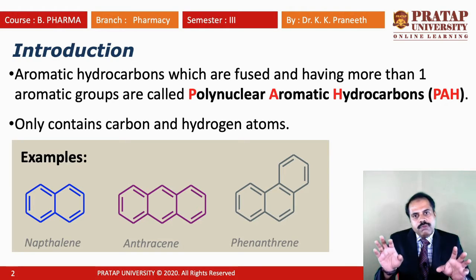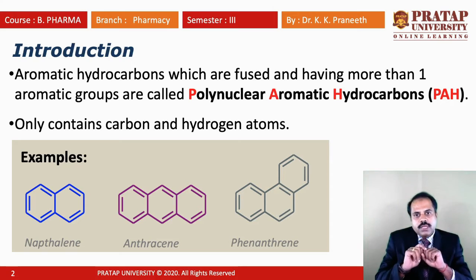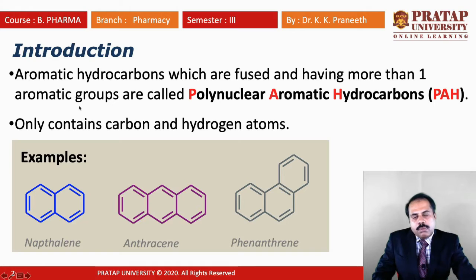If two benzenes are fused, it becomes poly, meaning many. So it has more than one aromatic group in its structure, and it only contains carbon and hydrogen atoms.